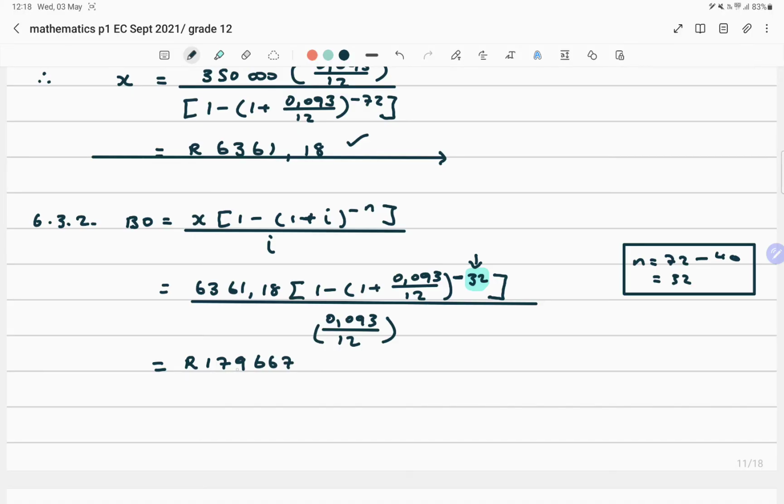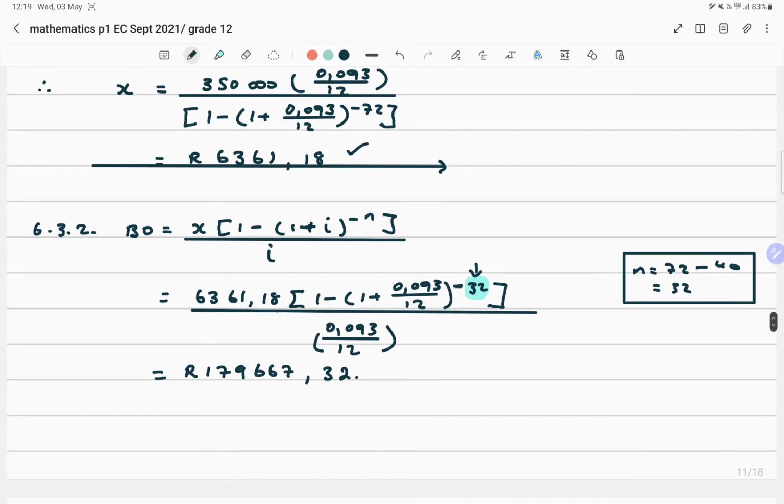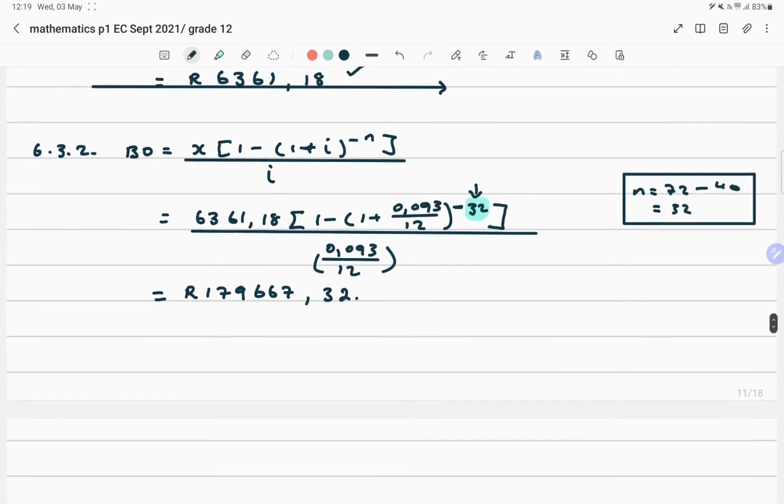So this is basically 179,667.32 cents. Okay, so that's quite a lot of money. I mean, you've made 40 payments, but you're still missing more than half of the amount you took.